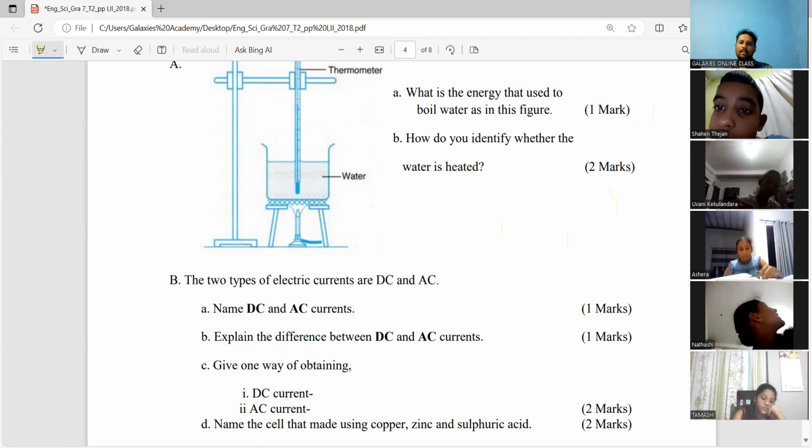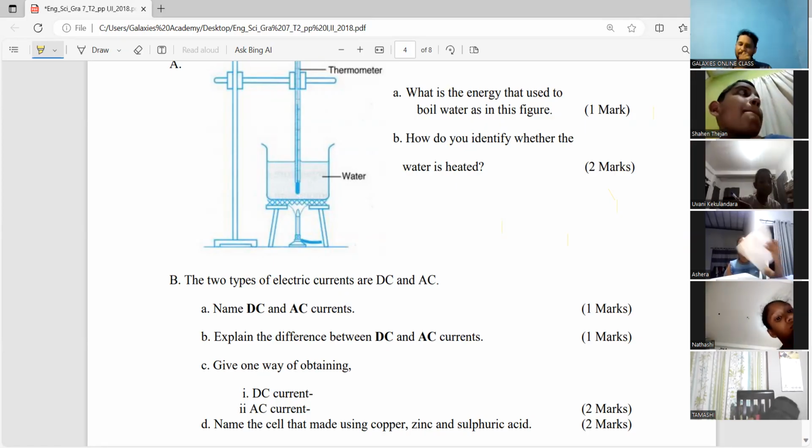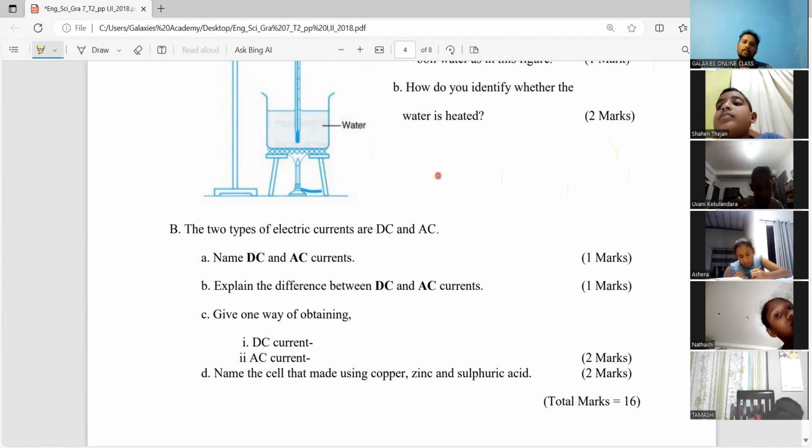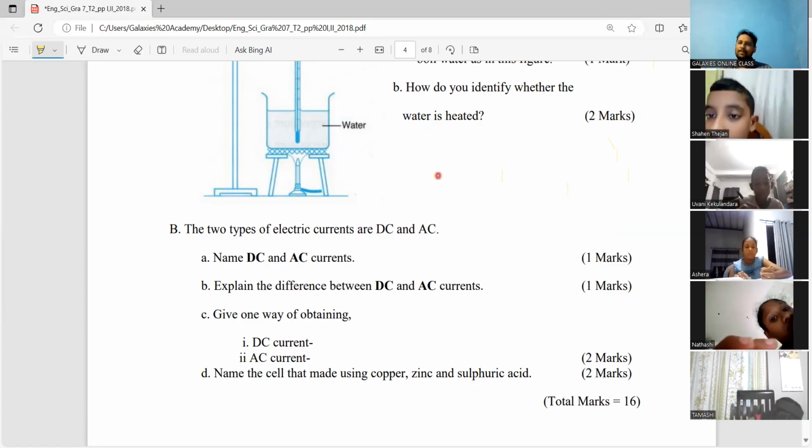Full stop. But AC flows in both directions with time. Right, finished note down.